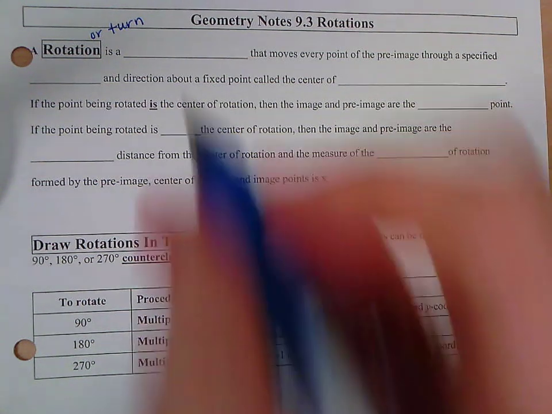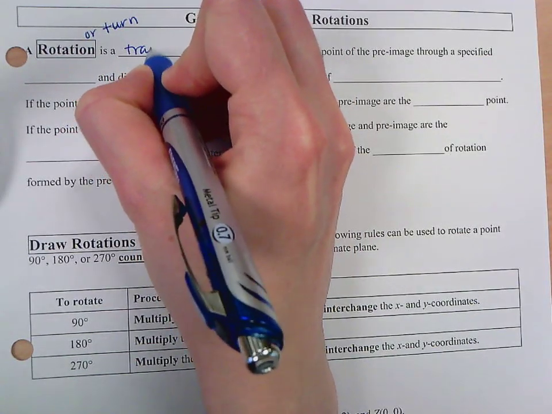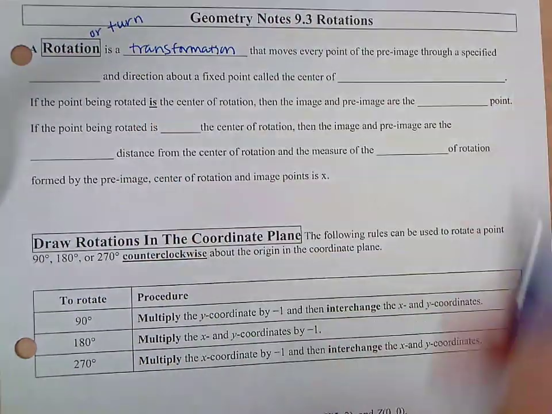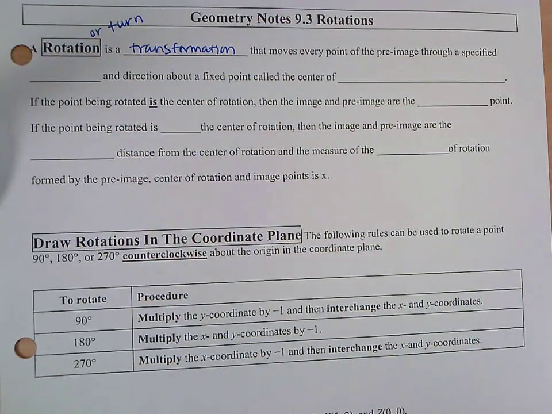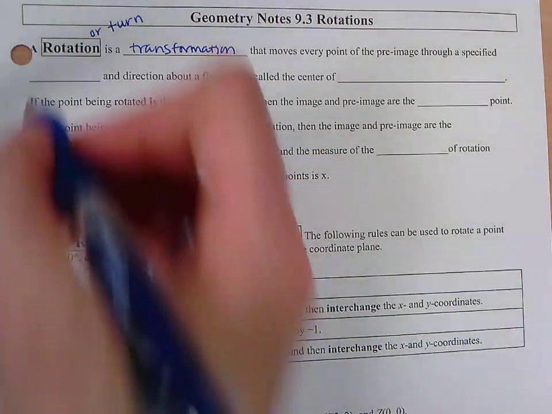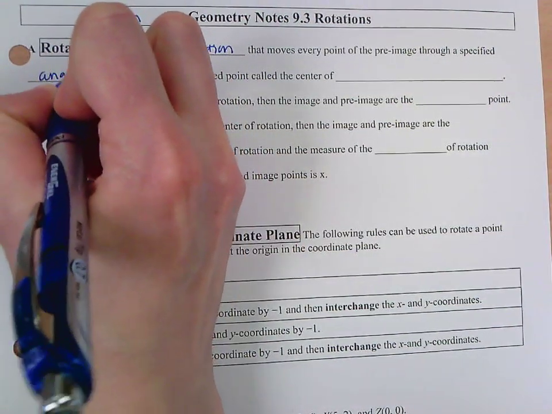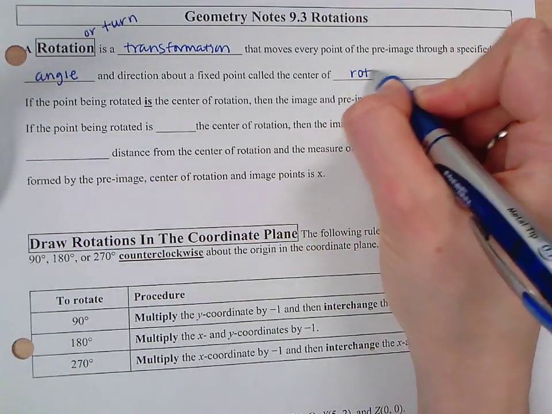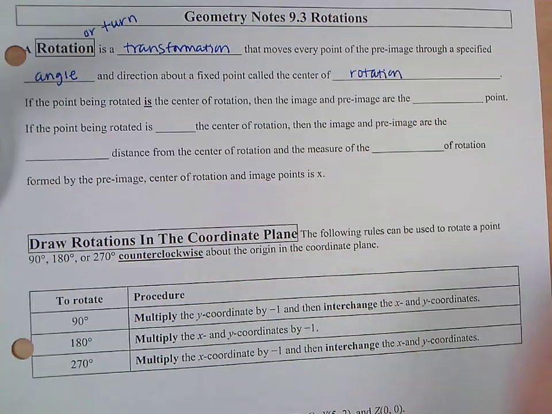This is a transformation that moves every point of the pre-image through a specified angle and direction about a fixed point called the center of rotation.